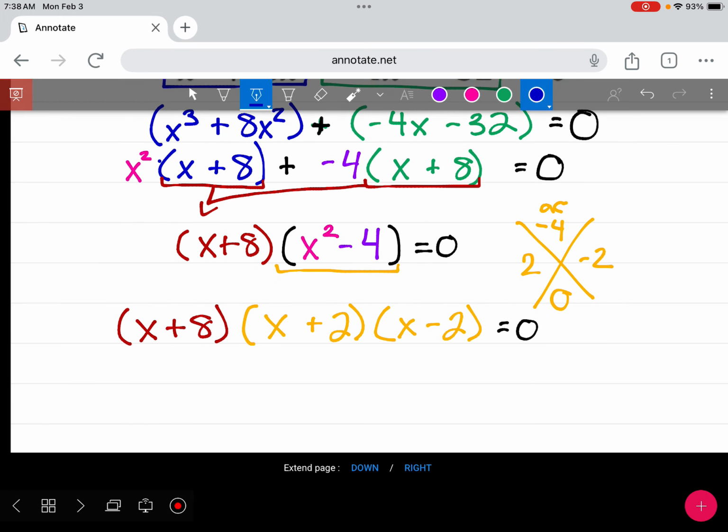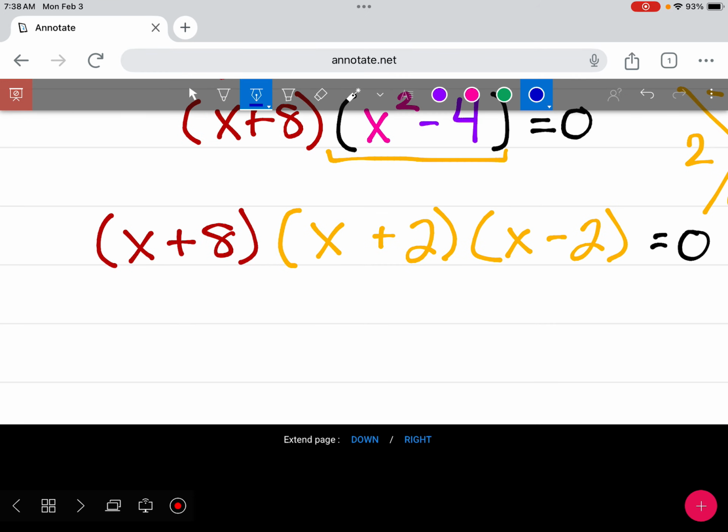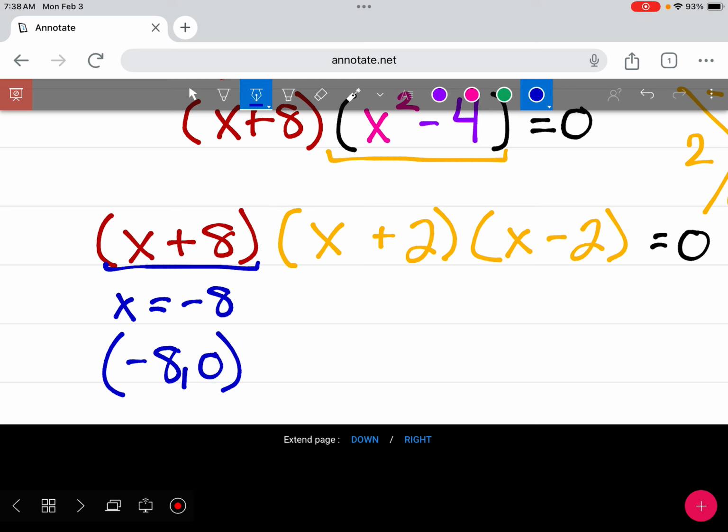So what are our roots here, our solutions? Negative 8, negative 2. Yeah. Again, we said each of these pieces equal to 0. X plus 8 equals 0 means we're going to get that x must be negative 8. Or we could write this as the point negative 8, 0, just so we see it both ways.